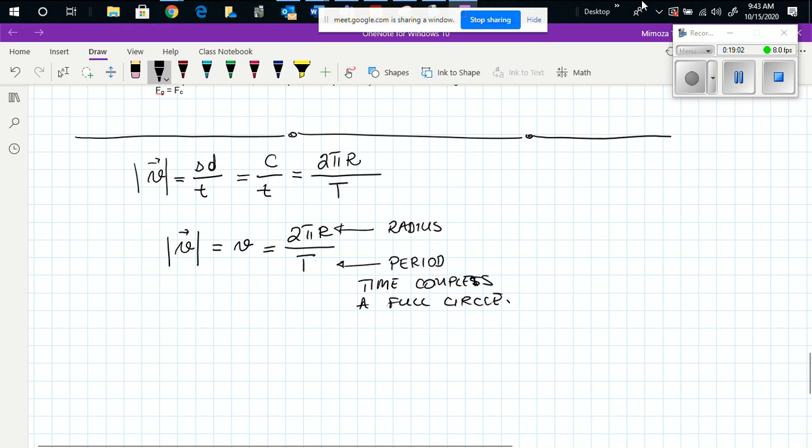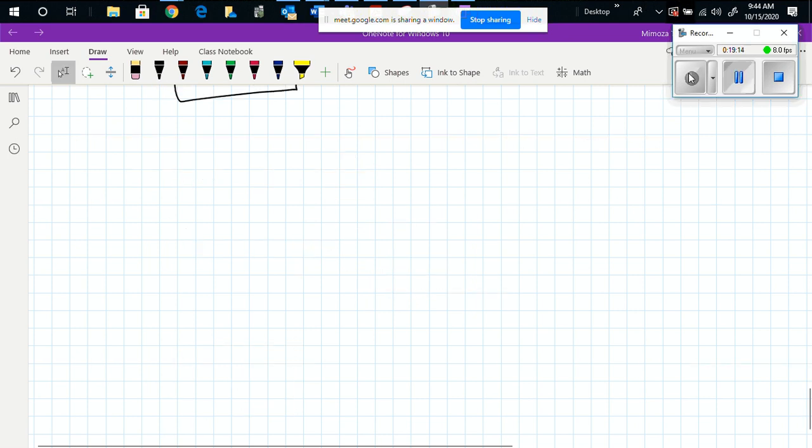So this formula is in your formula sheet, and if you open your formula sheet now, you will see this as part of your formulas. Can you?